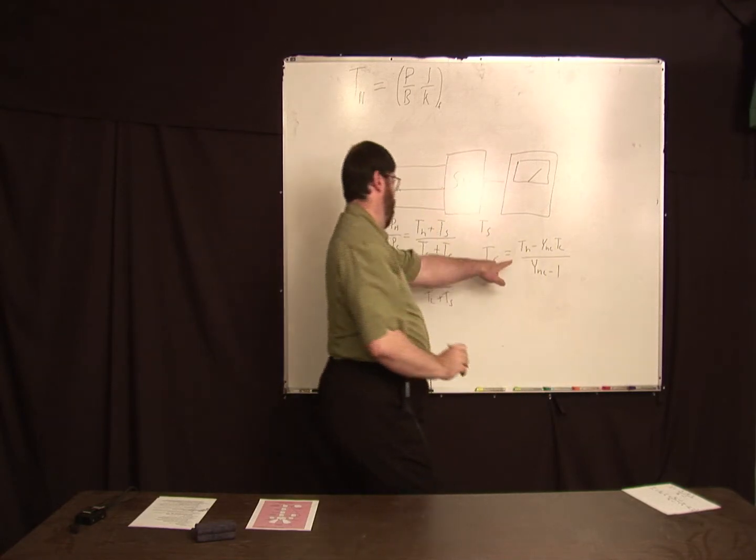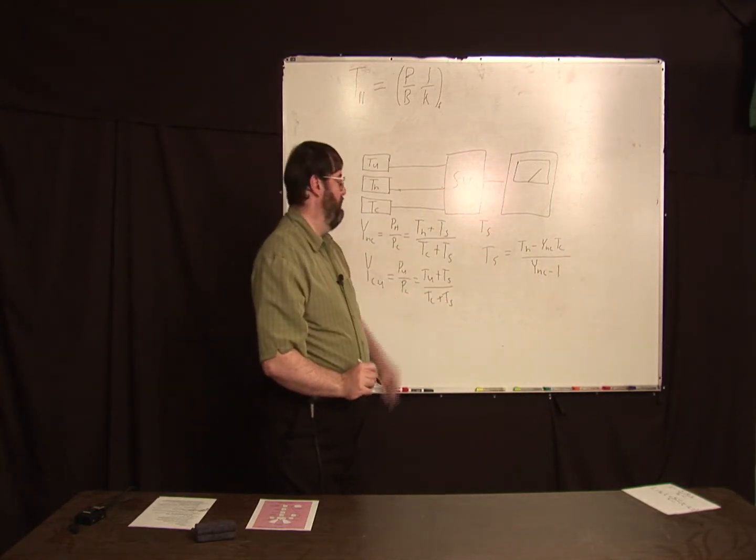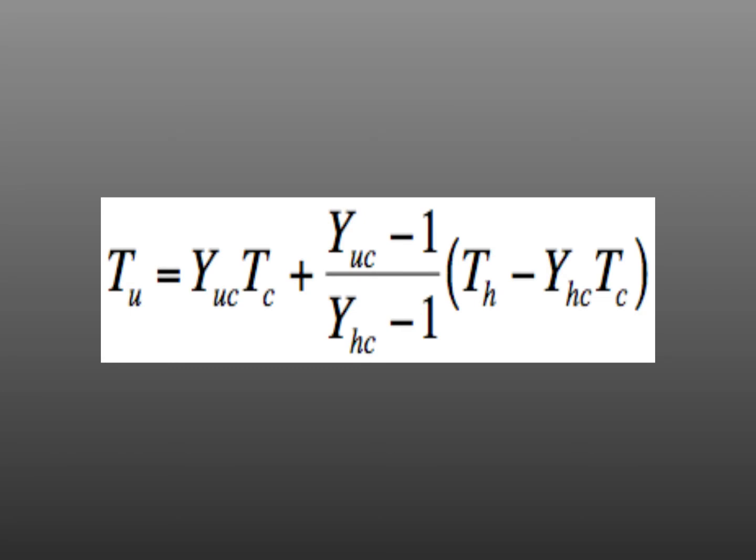Then you can substitute back into here and solve for TU, and you end up with the measurement equation for this setup: Y unknown cold T cold, plus Y unknown cold minus 1 over Y hot cold minus 1 times T hot, minus Y hot cold T cold.